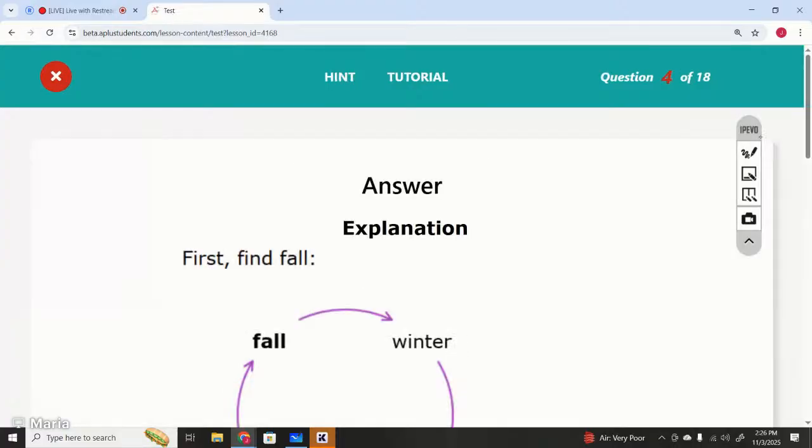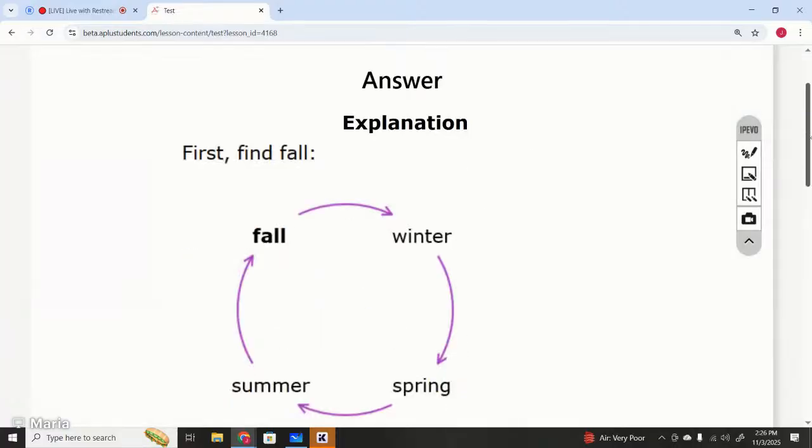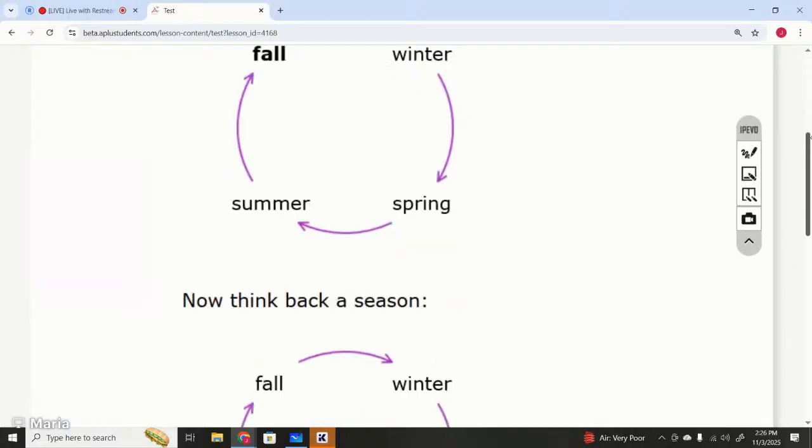Oh, sorry, summer it is. Right before fall it is summer.